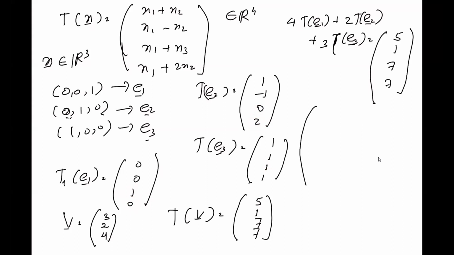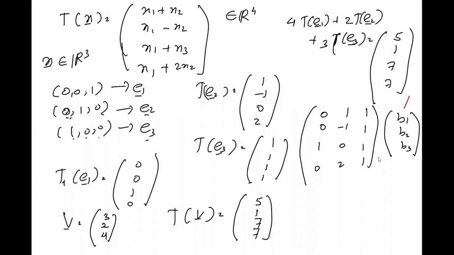It means if you write this matrix product, TE1 now you have to put actually this 1 0 0 vector, no? So if you write the coordinate vector, you have to write this equation, this 0 0 1 0 1 minus 1 0 2 and 1 1 1 1, and you need to multiply it with the coordinate vector.